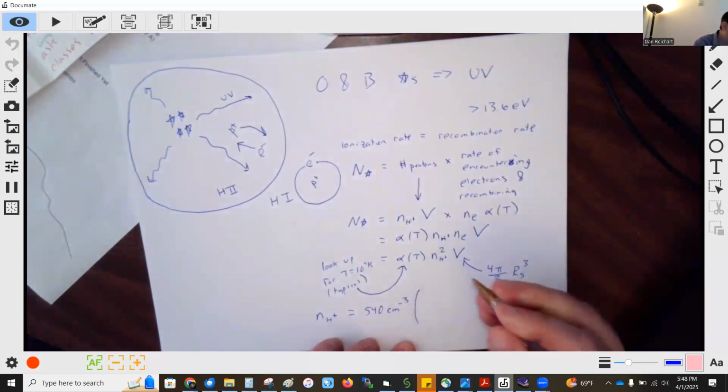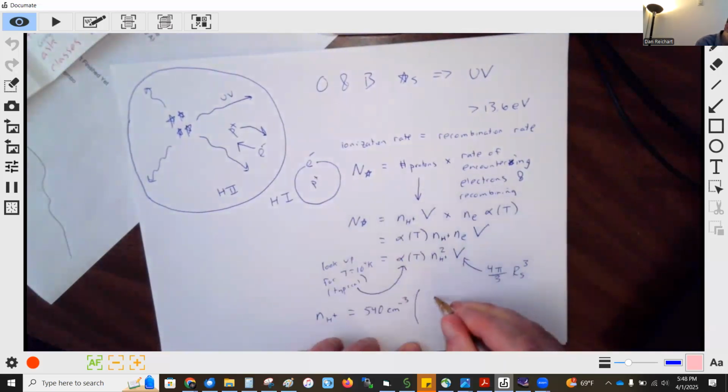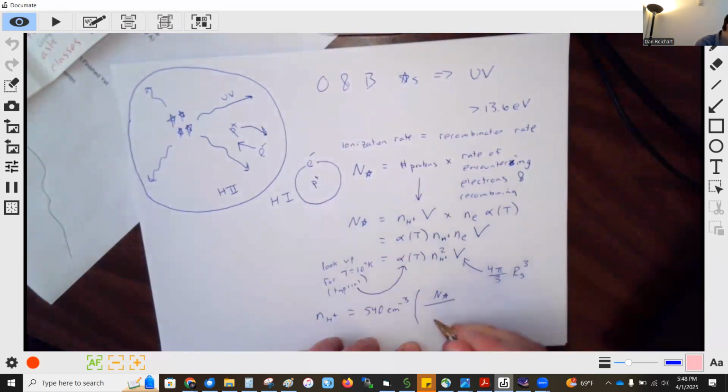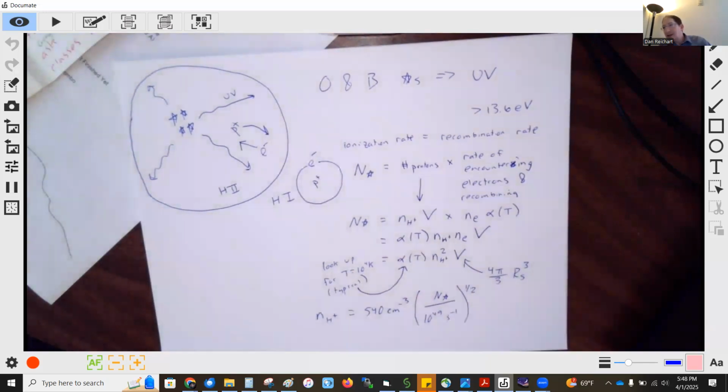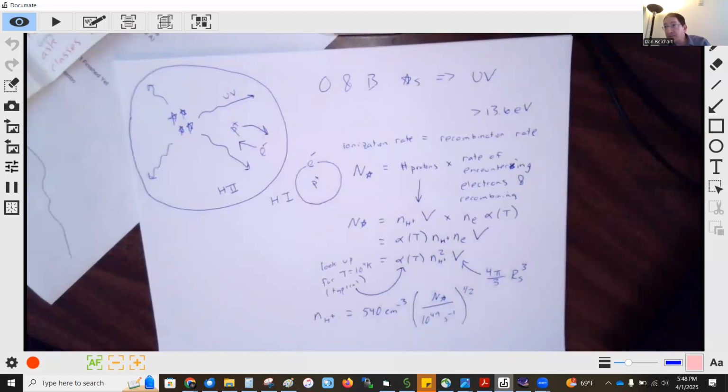Then we multiply this by n star. Here I have it in units of 10 to the 49 per second. There's going to be an exponent of 1/2. Now, when you're calculating with this equation, if you're not used to fractional exponents, it's easy to make a calculator error with fractional exponents. So you may just want to raise this to the 0.5.